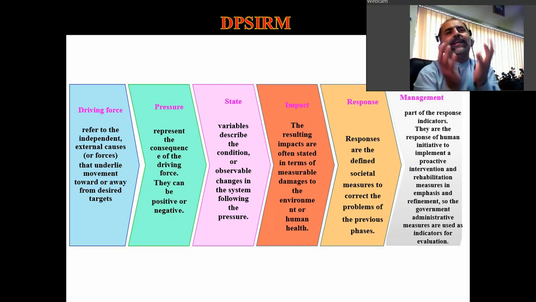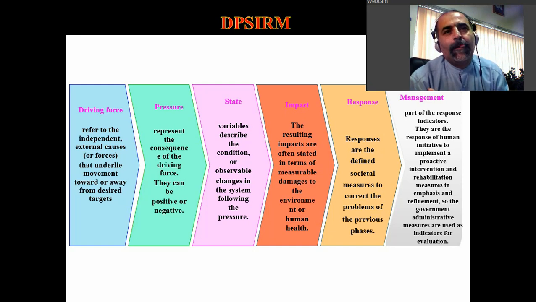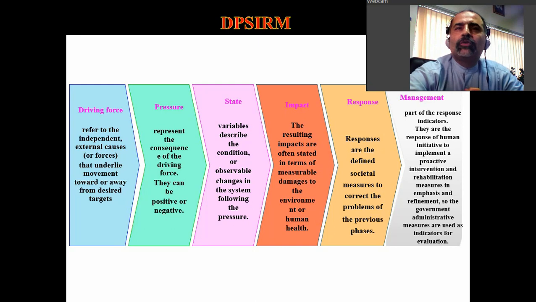The appropriate combination and amalgamation of these 6 components and indices help managers and decision makers decide properly about the resources existing in a watershed system and in an ecosystem.